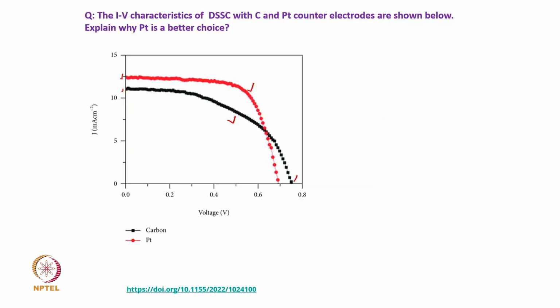Of course, when you use carbon as counter electrode, there is a little enhancement in open circuit voltage, okay, but the overall performance with platinum is better.